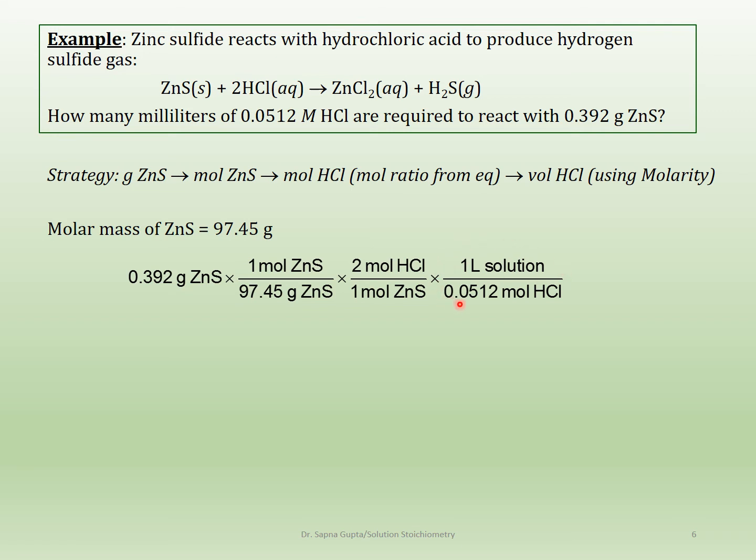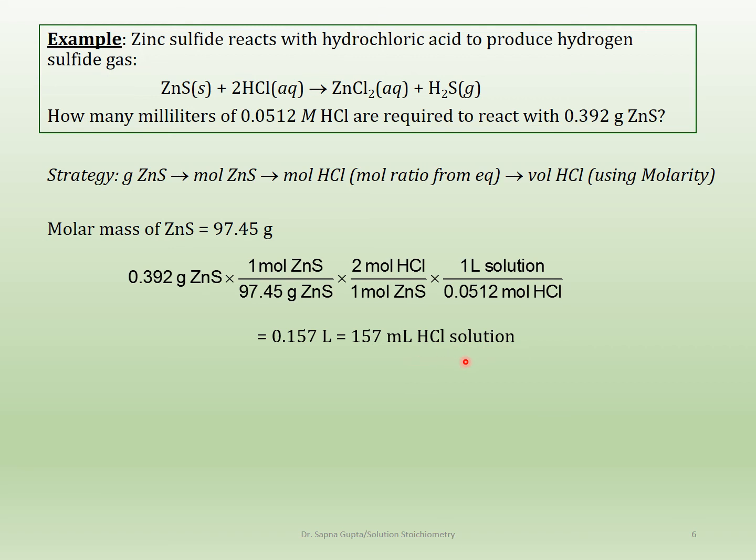And this is the molarity, 0.0512 moles per liter. Remember, we have just inversed it, because this is the quantity that we need. We need to find the volume of the solution. So that's why we need to inverse molarity over here. And so then our final answer is 0.157 liters, which is 157 milliliters of HCl solution.